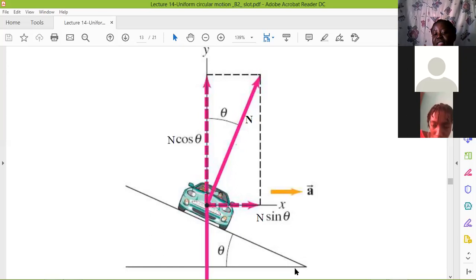Your acceleration must point towards the center of your circle. So with our acceleration pointing towards the center of the circle, this is our x-axis and the upward is our y-axis.